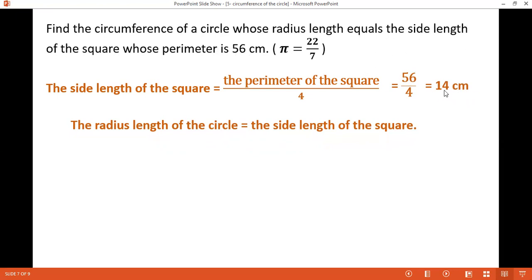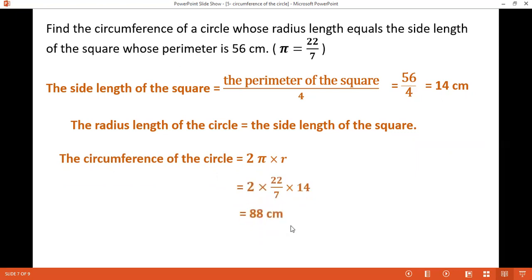So this is the radius I'm going to use to get the circumference of the circle. As we know that the radius of this circle in this question only equals the side length of the square, the circumference equals 2 pi r. It will be 2 multiplied by 22 over 7 multiplied by 14. The answer will be 88.